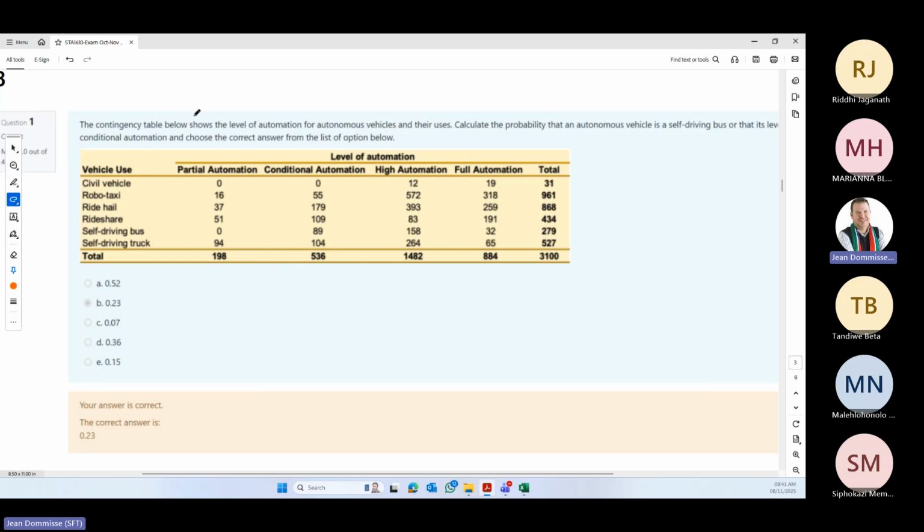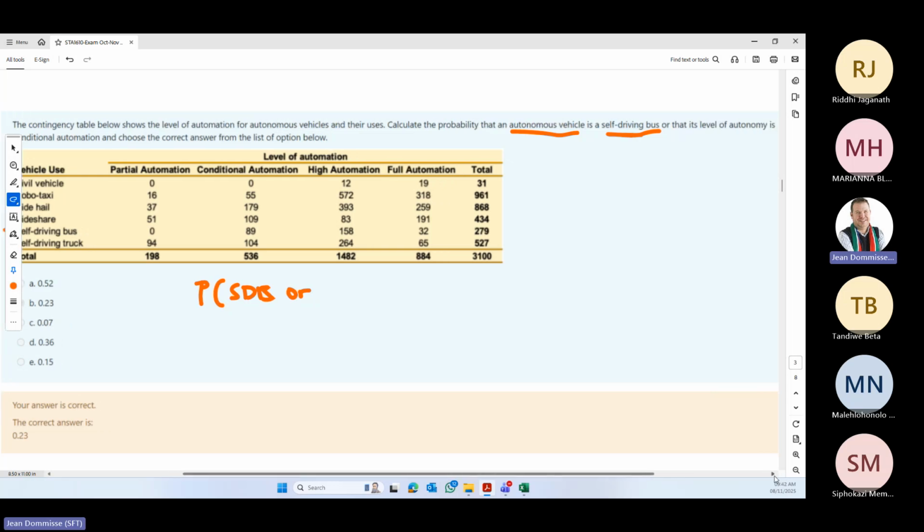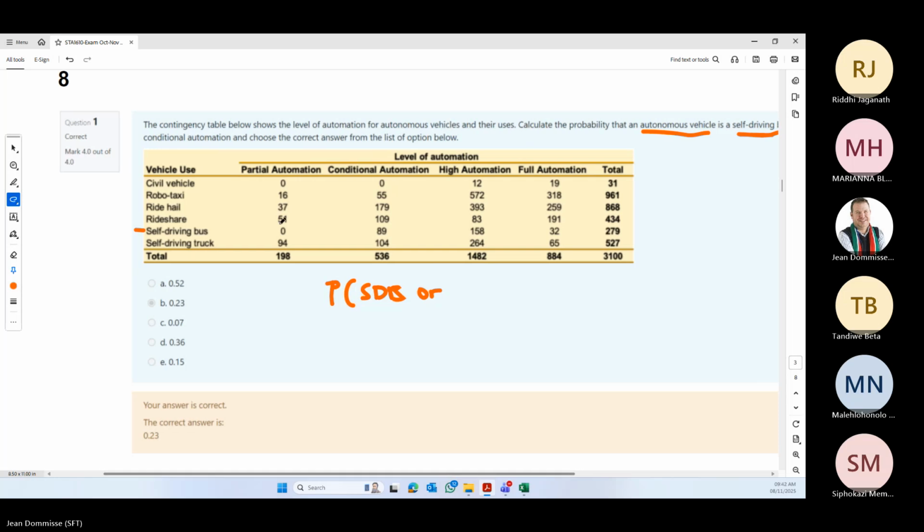Okay, so let's see what we're asking in this one. We've got a contingency table. Then we say calculate the probability that an autonomous vehicle is a self-driving bus, or that its level of autonomy is conditional automation.